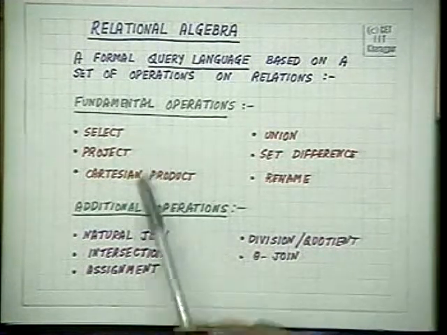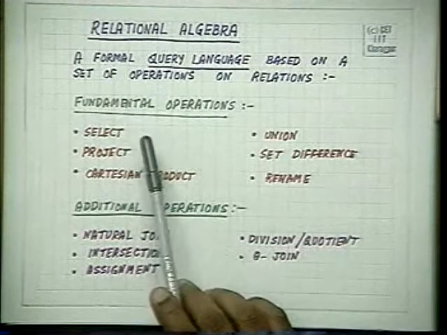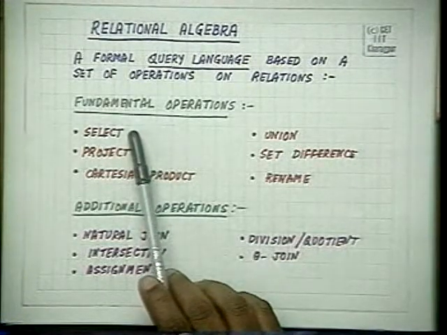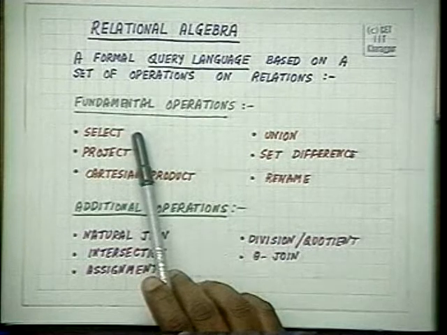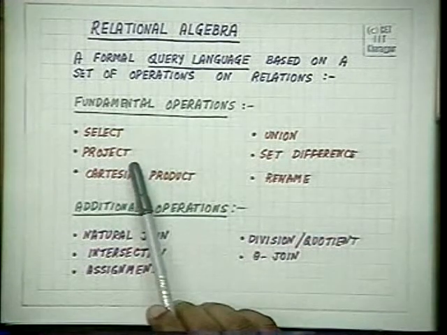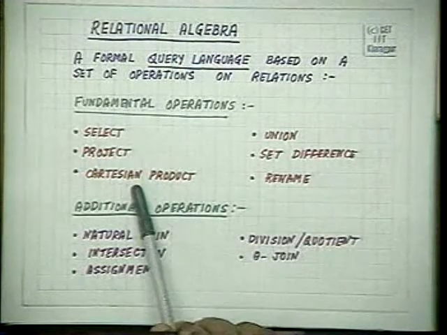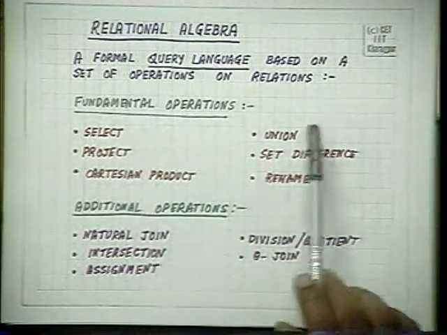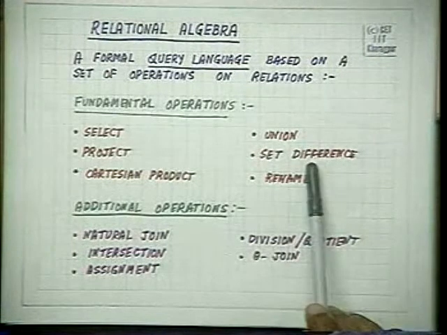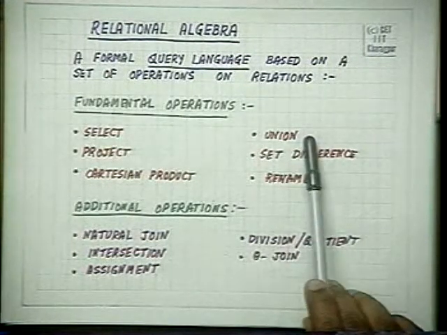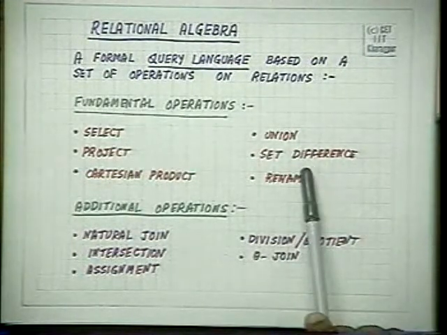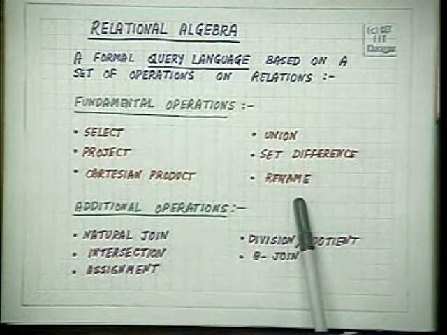So the fundamental operations are select or selection, project or projection, Cartesian product, union, set difference. Union is set union, this is set difference, and this is the rename operation.